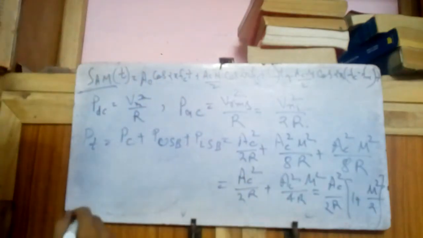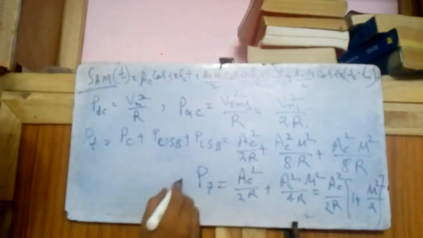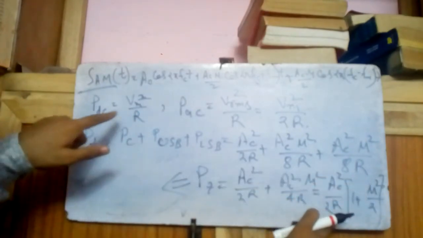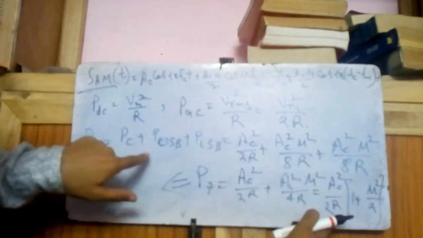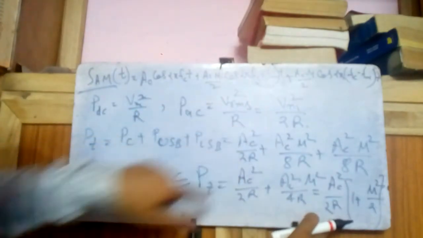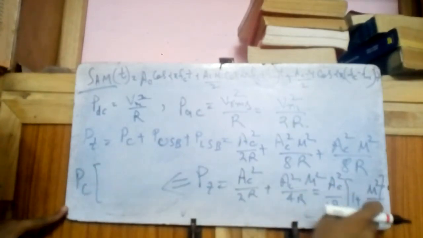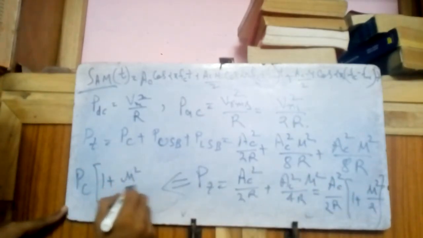Now we have the total power. Total power is AC square by 2R, that is the carrier power. PC is AC square by 2R, so we can write it as PC into 1 plus mu square by 2.